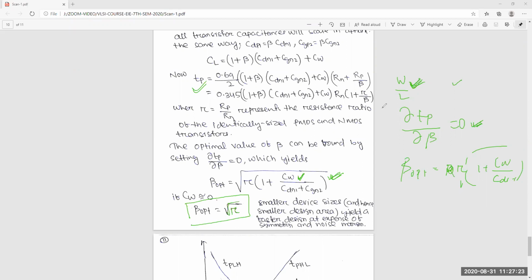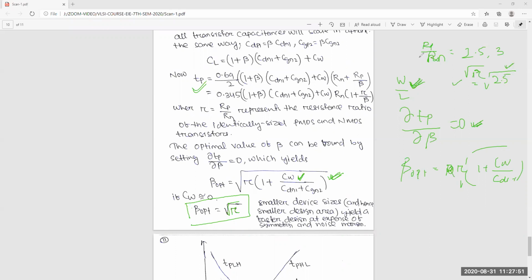So initially, for better performance, what we are using? That R, okay, Rp by Rn. We are actually calculating that, it is around 2.5 or 3, like that. But now for the optimization value, that will be root over of that R. That means if you have 2.5, root over that 2.5.